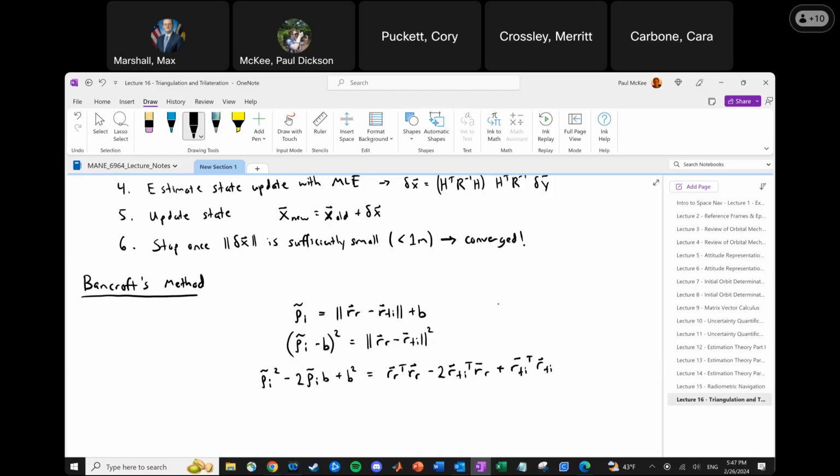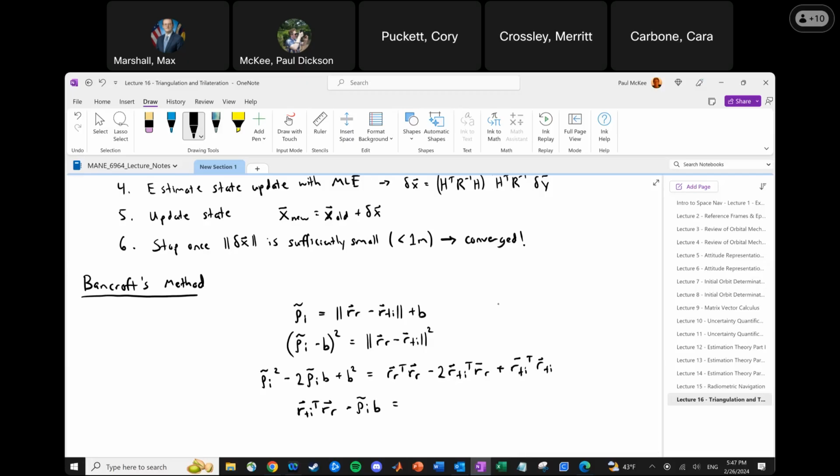So we're going to group some terms. Bear with me. All I'm doing is changing who's on what side of the equal sign. On the left-hand side, I'm going to have r sub ti transpose r sub r minus rho I b.